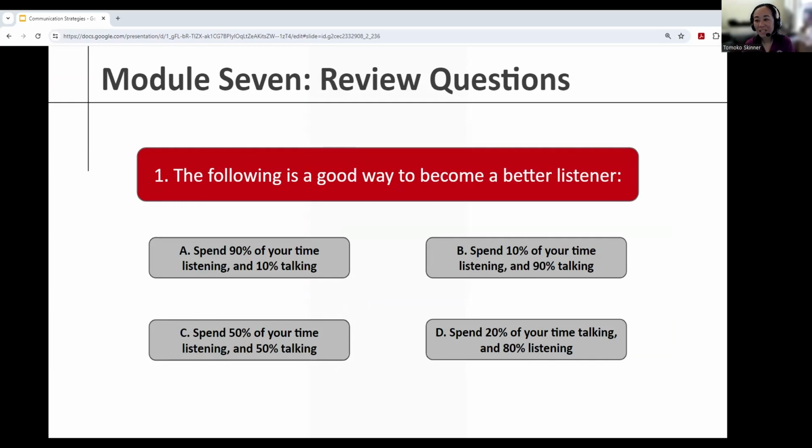What is the correct answer? A, B, C, or D? Okay, we have an A and a D. A is the correct answer. Aim to spend at least 90% of your time listening and less than 10% of your time talking.